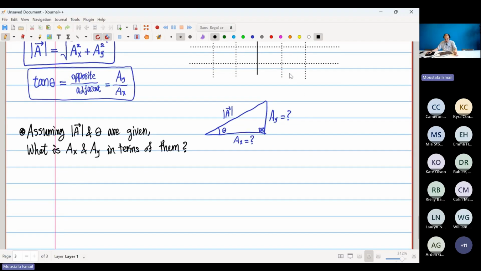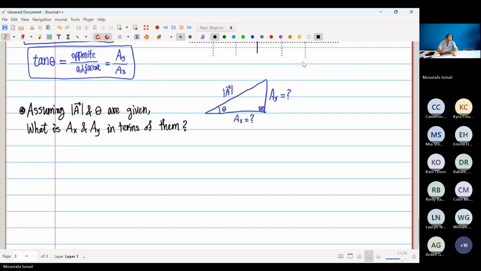We are going to do trig again, but instead of tan, we now want to relate the sides to the hypotenuse. So we need to use either sine or cosine. This is a good time to refresh your memory on trig because we're going to be using it a lot.